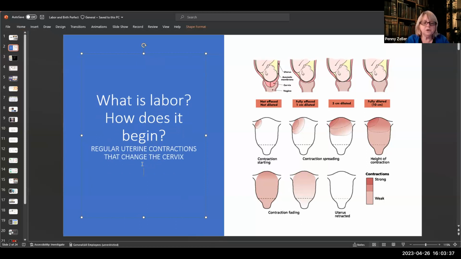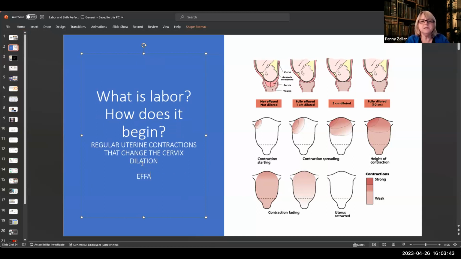So you need to be familiar with dilation and effacement. In this picture on the right, you'll notice at the top, the baby is engaged in the uterus, not the vaginal canal. And the cervix is closed here. You can see that thick cervix. So nothing's occurring. If she's having contractions, they're not doing anything to help open that up.